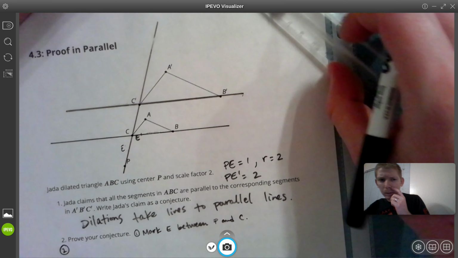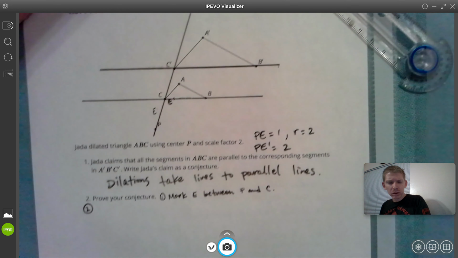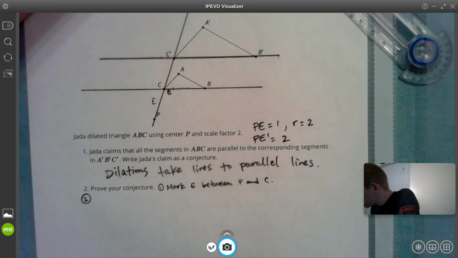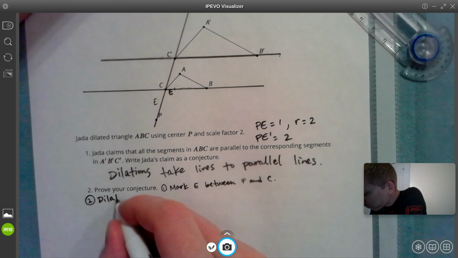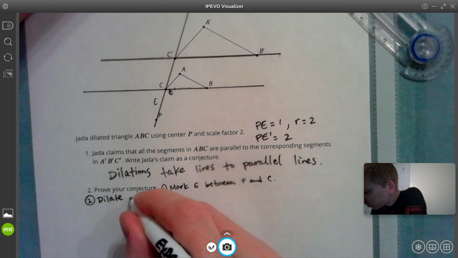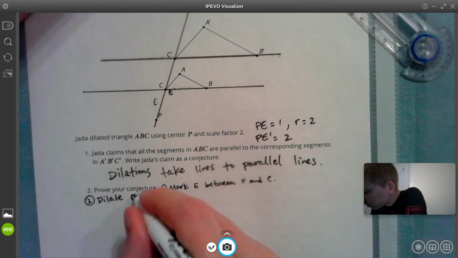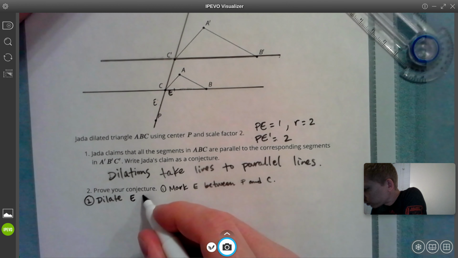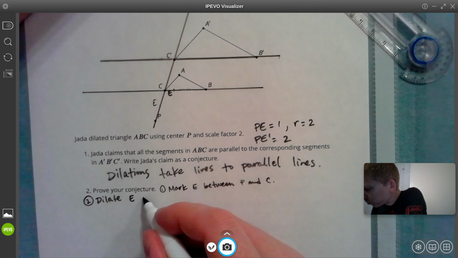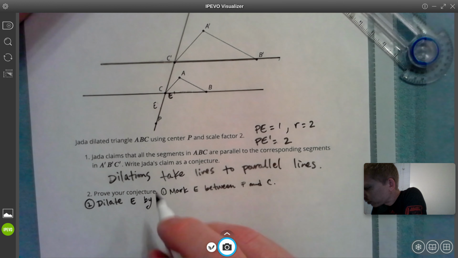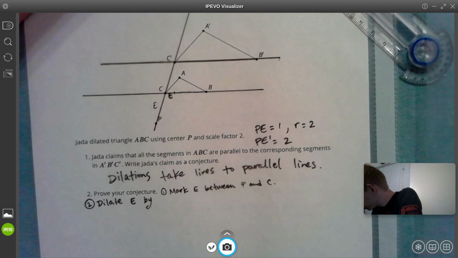All right. So the next step of our proof is we have dilated. So dilate E by the same scale factor.